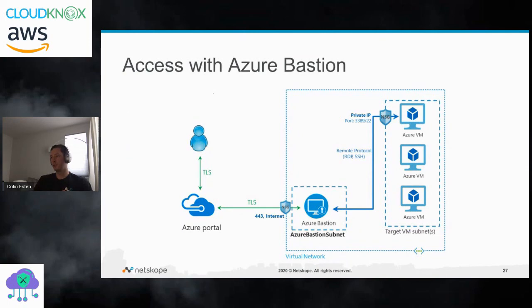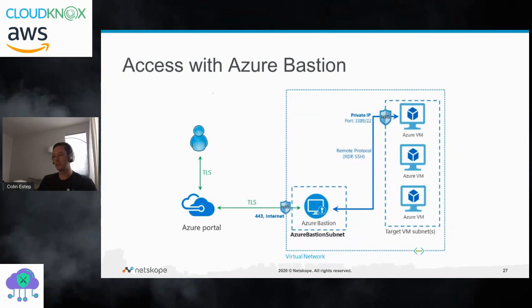And I borrowed this diagram from Azure. I thought it was pretty good, so I didn't bother reinventing the wheel here. This shows the user hitting the Azure portal, and it establishes a connection on the Azure Bastion. So in your virtual network where you want to have this level of access, you have to create an Azure Bastion instance. Now, that's not an instance of a virtual machine.